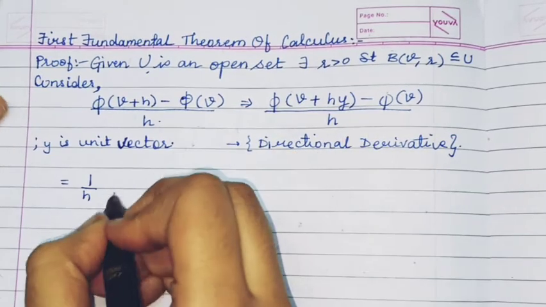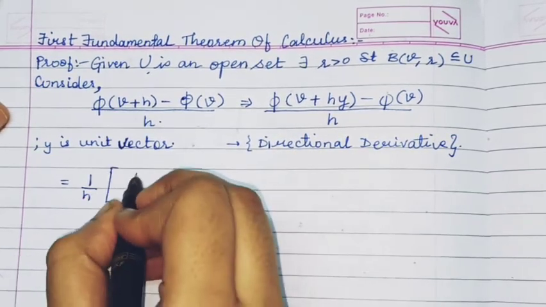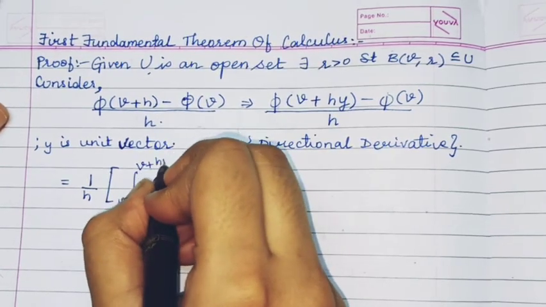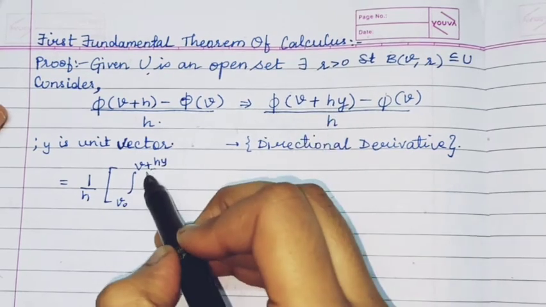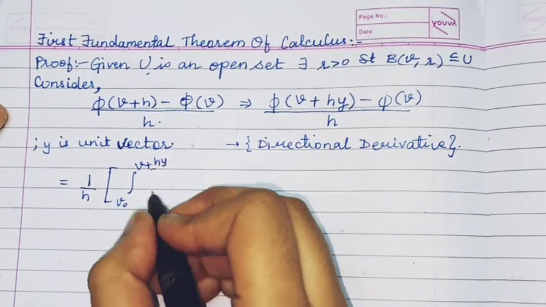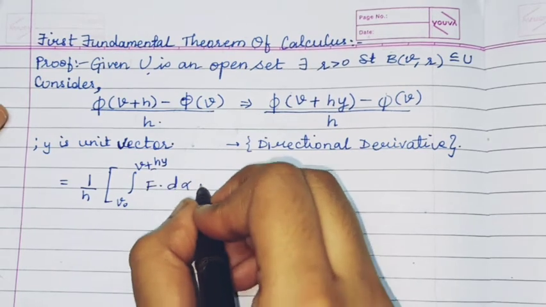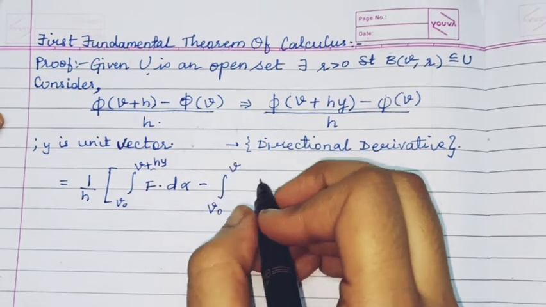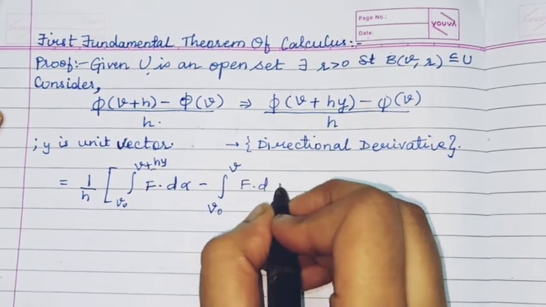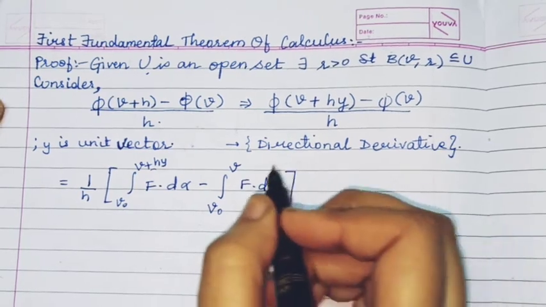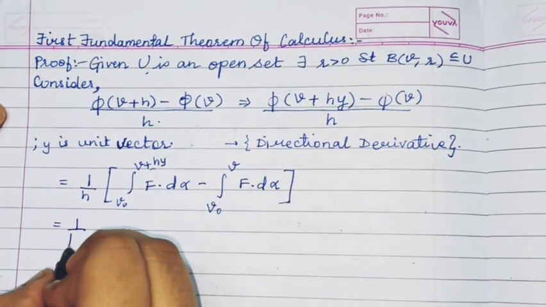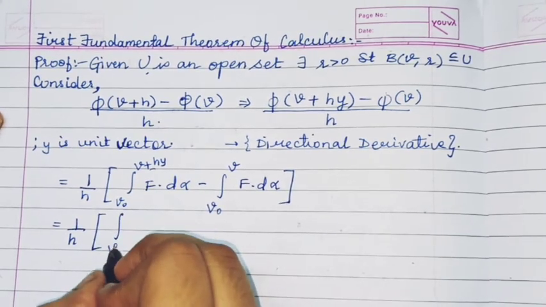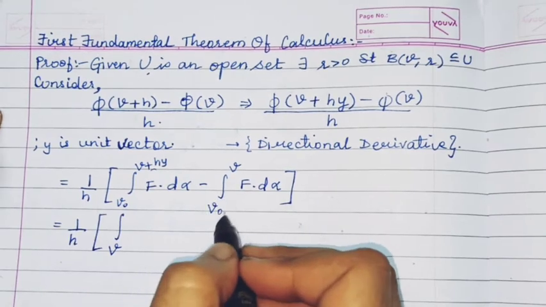Now we will write the whole numerator part in the form of integration. v0 is a fixed point, so the first integration goes from v0 to v plus hy of F dot d alpha, minus the integration from v0 to v, that is for phi of v, and the function remains the same, that is capital F d alpha, which is equal to 1 upon h remains as it is.